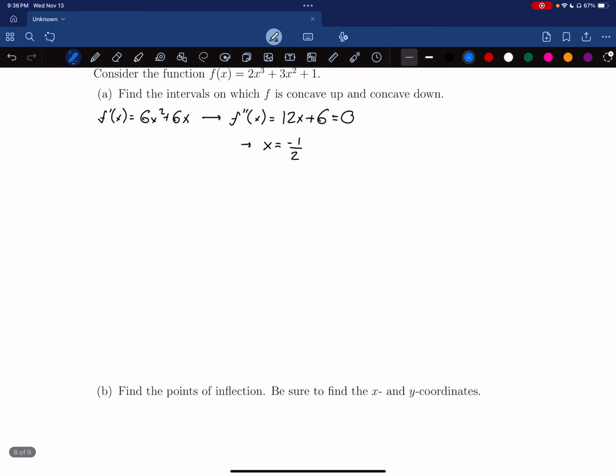So once again, we're going to use a sign chart. This indicates the x-axis. We'll be looking at the sign of f double prime in this case, and we'll use that to determine the behavior of our function f.